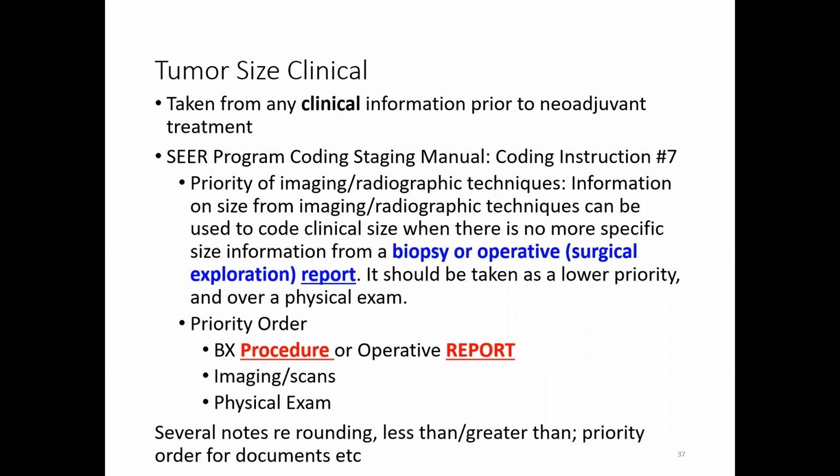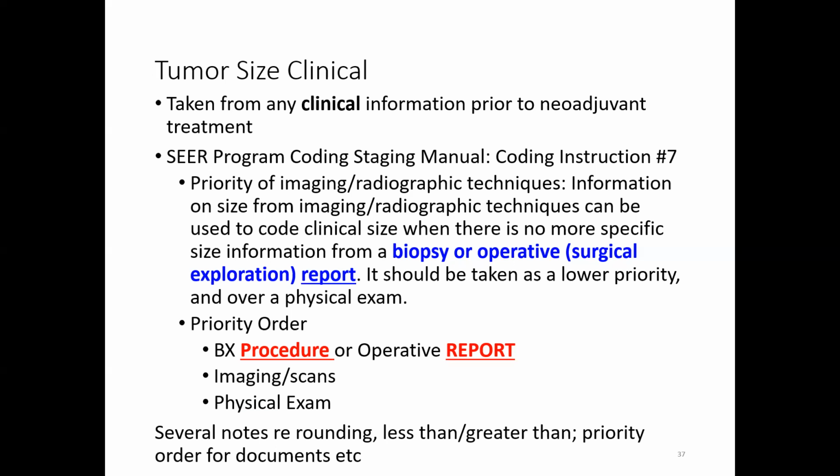In the SEER program manual for tumor size clinical, bullet number 7 says you can take this information from imaging would be your priority. You can take it from a surgical op report, anything that's explored that would visually be measured. This would be taken as a lower priority over a physical exam.